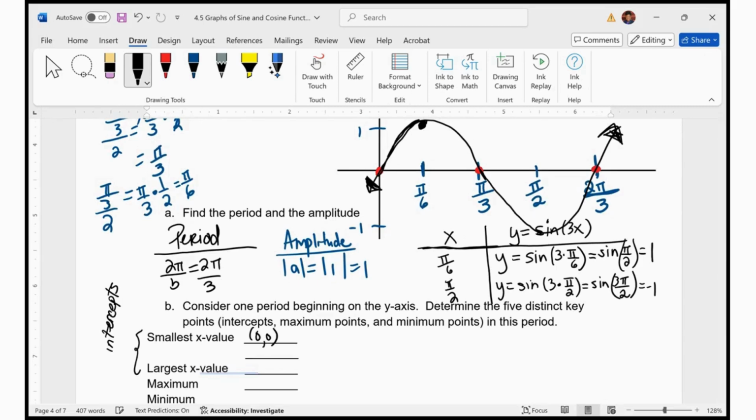Then what would be the next one in order? And then we're going to put the largest one. Pi over 3. All right, pi over 3, 0. And I like what Owen did earlier. He was like, this pi over 3 is like 2 pi over 6, and then 3 pi over 6, and 4 pi over 6.